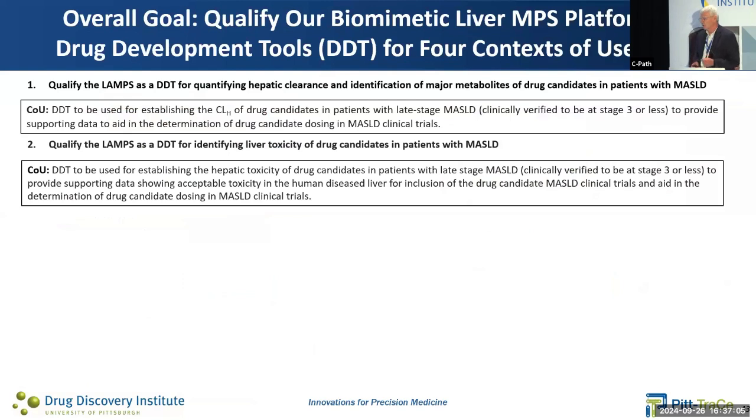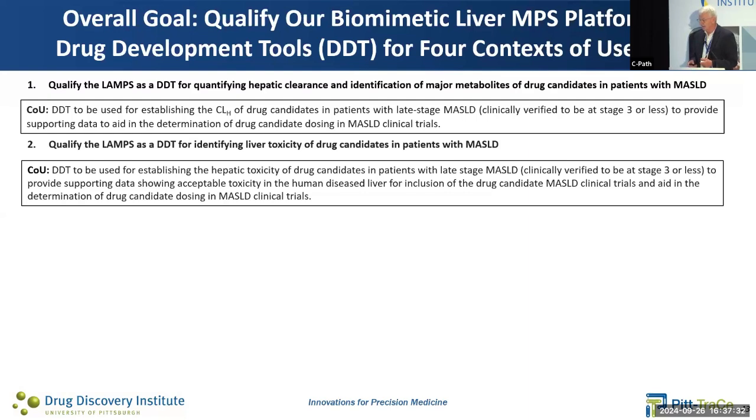But our overall goal is to qualify these drug development tools for 4 contexts of use. The first two contexts of use use the LAMPS model. The first context is for establishing the hepatic clearance of drug candidates in patients with late-stage MASLD to provide supporting data to determine drug candidate dosing in MASLD clinical trials.